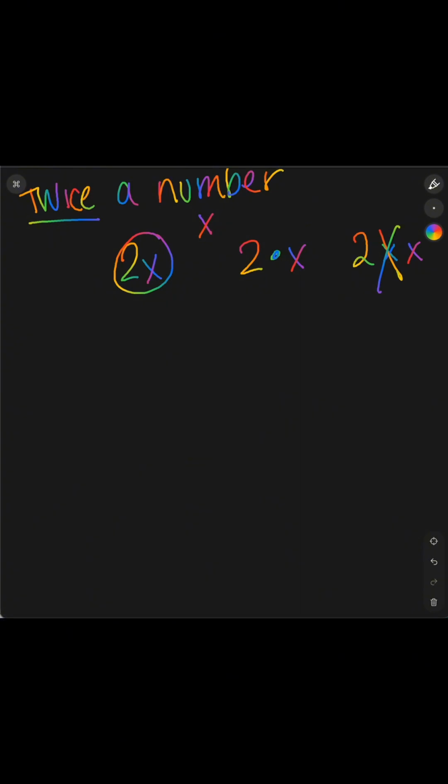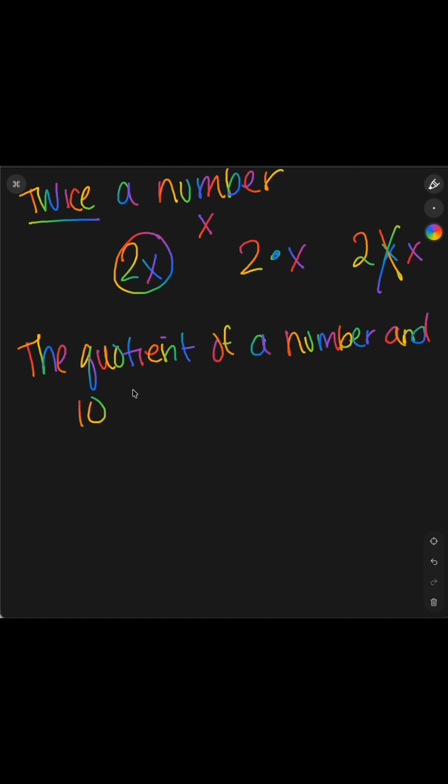The quotient of a number and 10. Quotient means division. So the quotient of a number and 10, and we just go in the order that it says. So a number and 10.